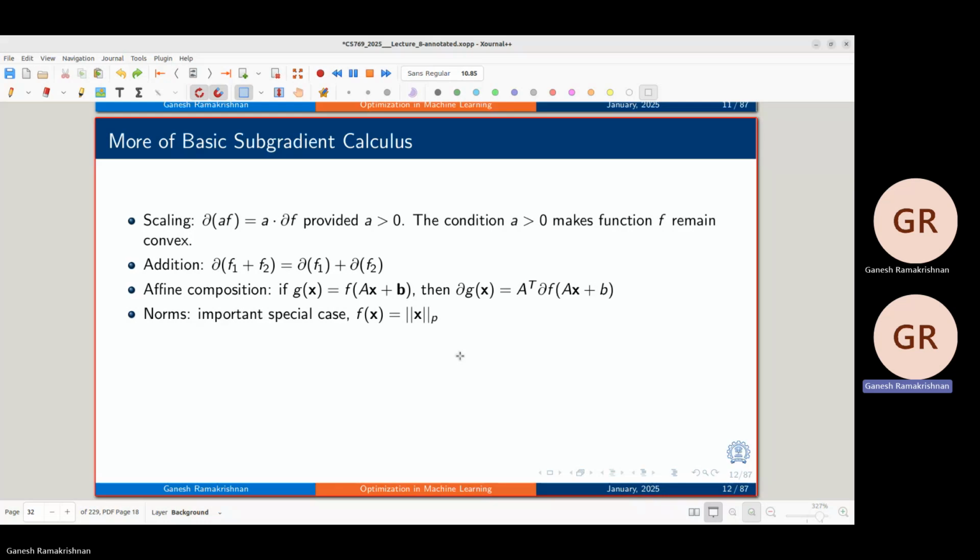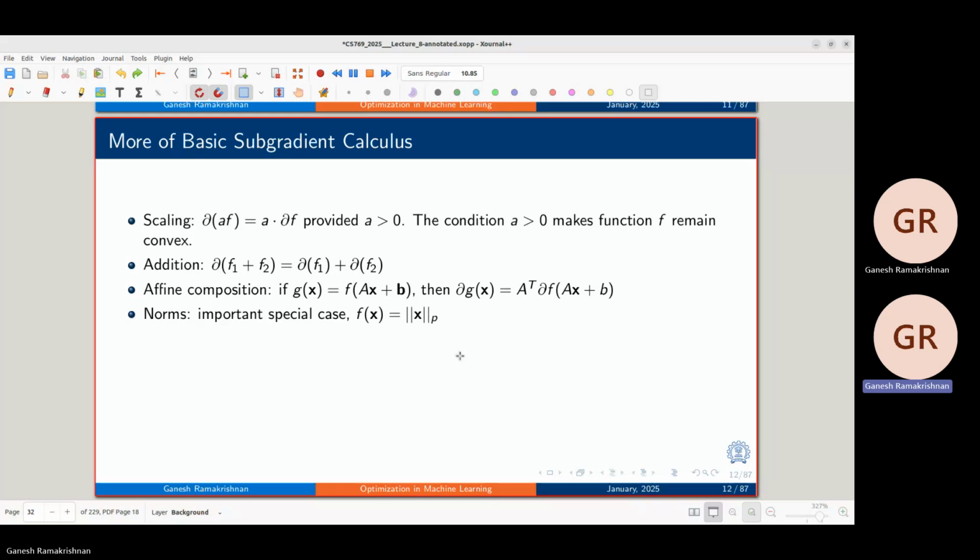In fact, there's another way we can derive the subdifferential of one norm. A special case of the P norm is one norm. All we are going to do is generalize this Cauchy-Schwarz inequality and apply our generalization for P equals 1, and we should still be able to derive the same expression.